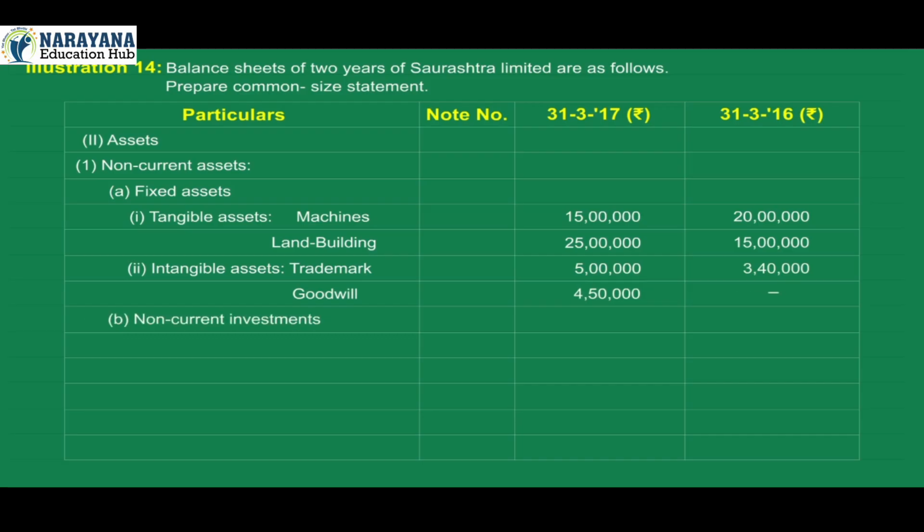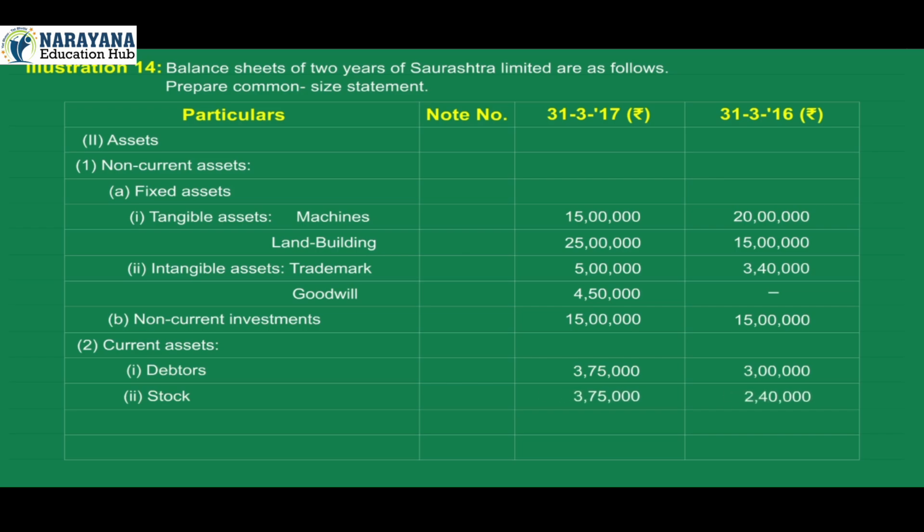B. Non-current investments, 15 lakh, 15 lakh. 2. Current assets. 1. Debtors, 3 lakh 75,000, 3 lakh. 2. Stock, 3 lakh 75,000, 2 lakh 40,000. 3. Cash and cash equivalent, 3 lakh, 1 lakh 20,000. Total, 75 lakh, 60 lakh. Answer.